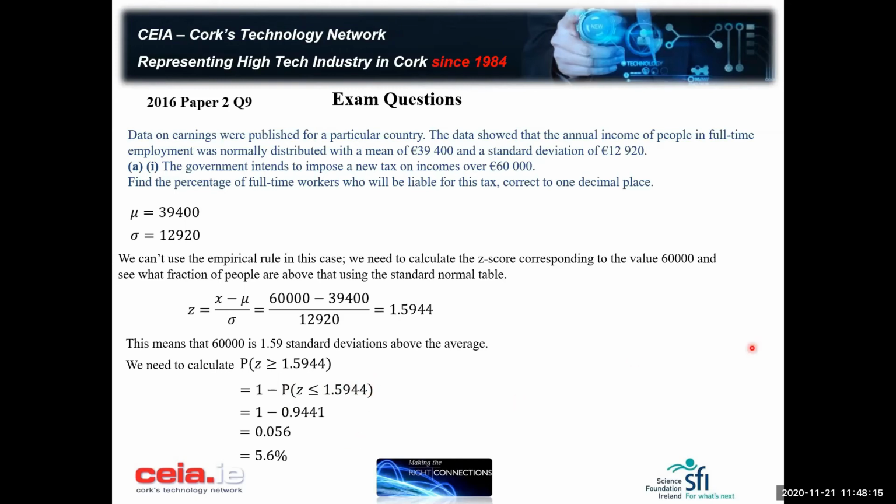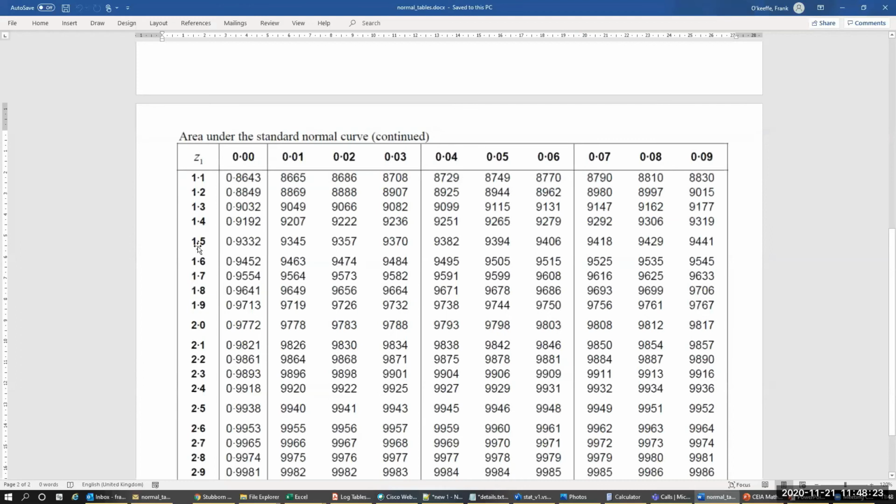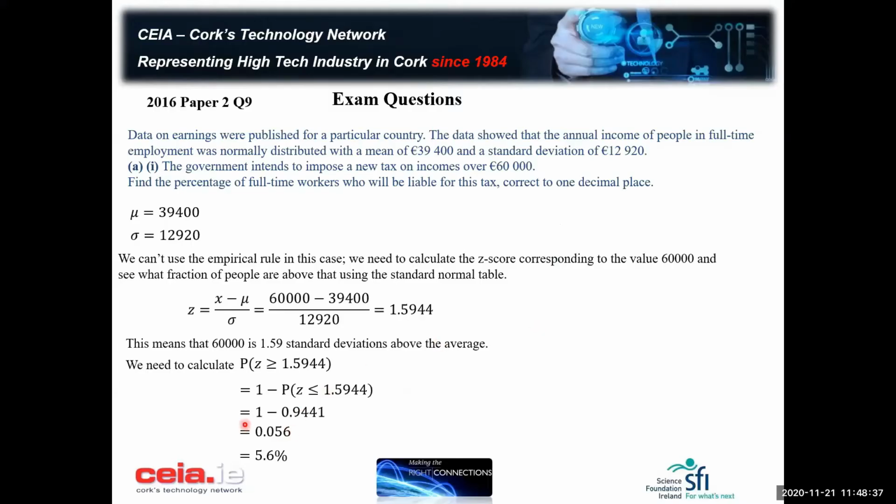Let's flip to the tables again. It's 1.5944. The closest value we'll get is 1.59, which is over here, and that's 0.9441. So it's 1 minus 0.9441.